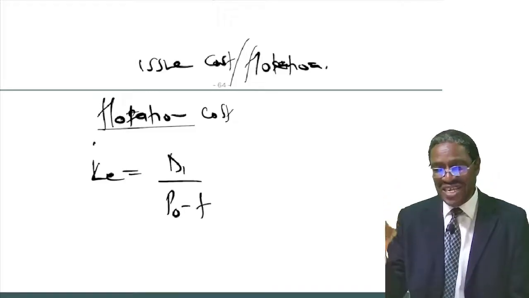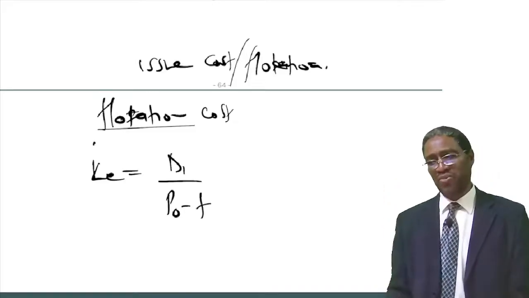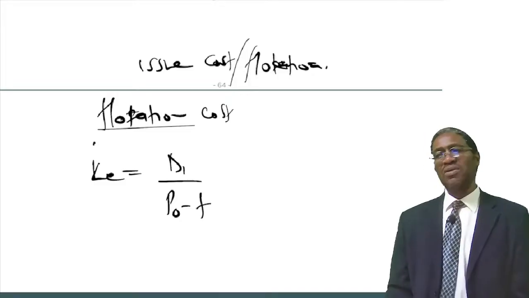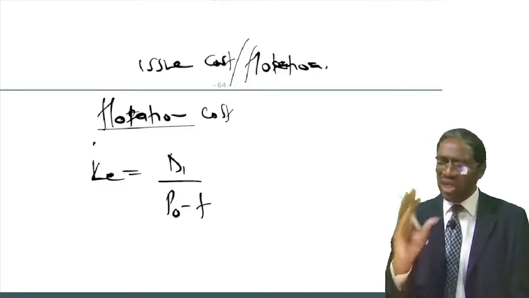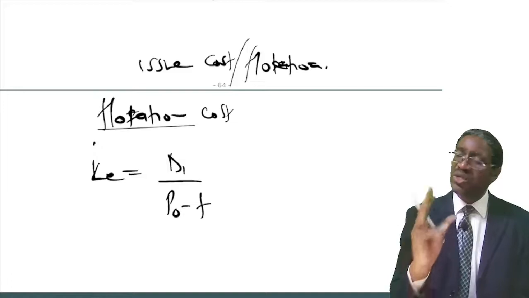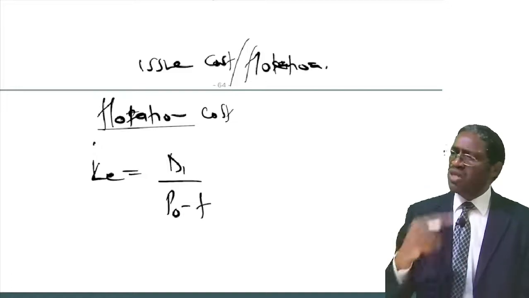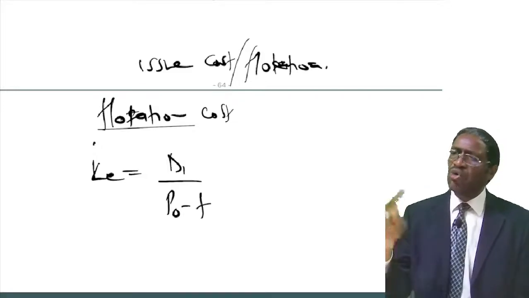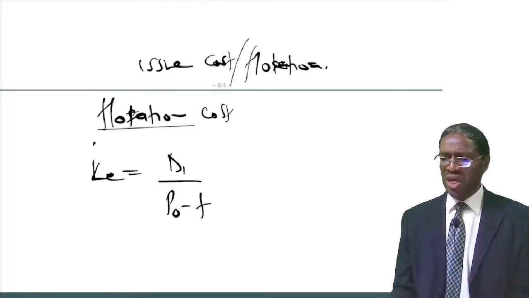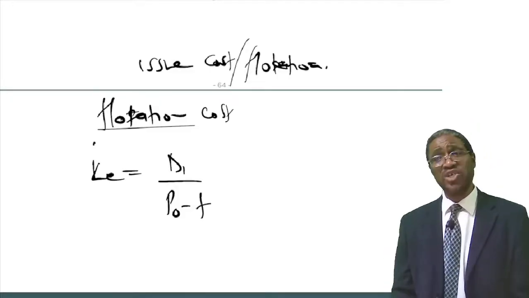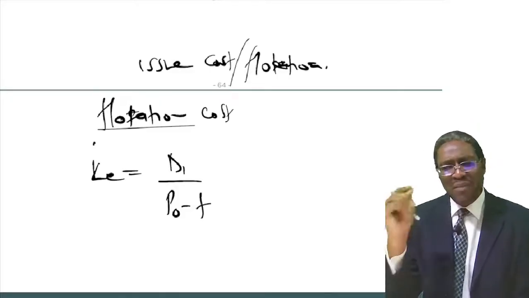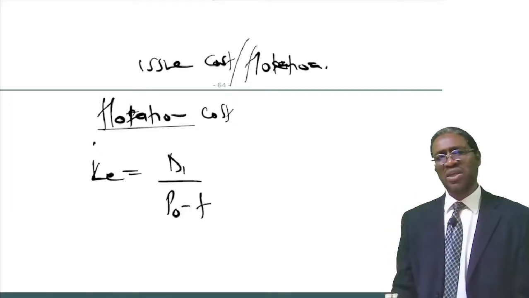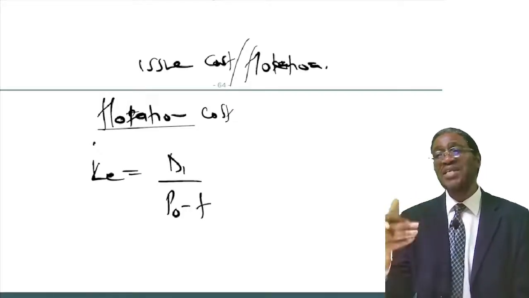It shows the real return to the providers. Now you as a company, you issued a share at 20 shillings. But to raise this 20 shillings, it's costing you another 1 shilling as the flotation cost or the issue cost. So the real amount you actually received is not 20, but 19.